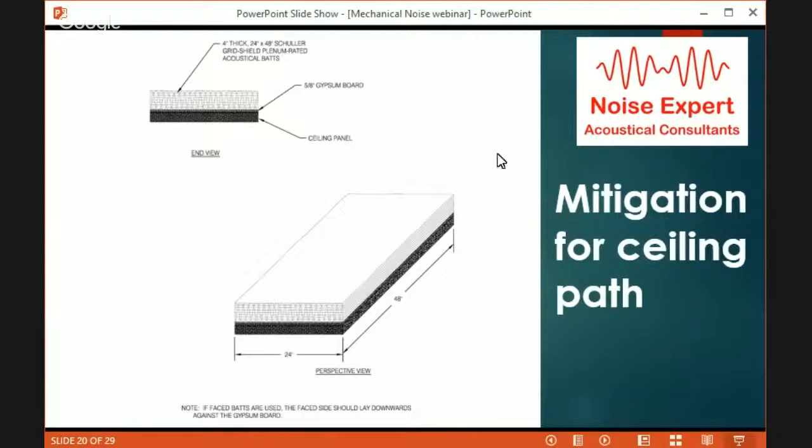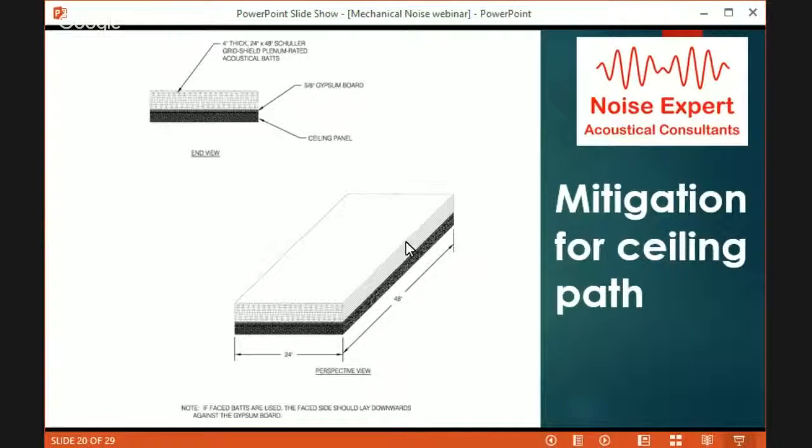Generally, we do see batts rolled on ceilings, and the first time someone goes up to fix something and pushes the batts aside, a lot of times they don't get put back into place. So the effectiveness of those batts might not be long lived. Whereas if they're glued directly to the tiles, you probably have a better chance that they're going to stay in place, because it's one unit.